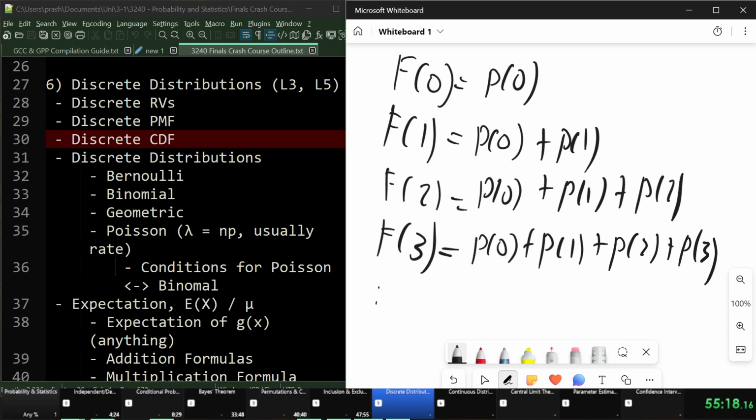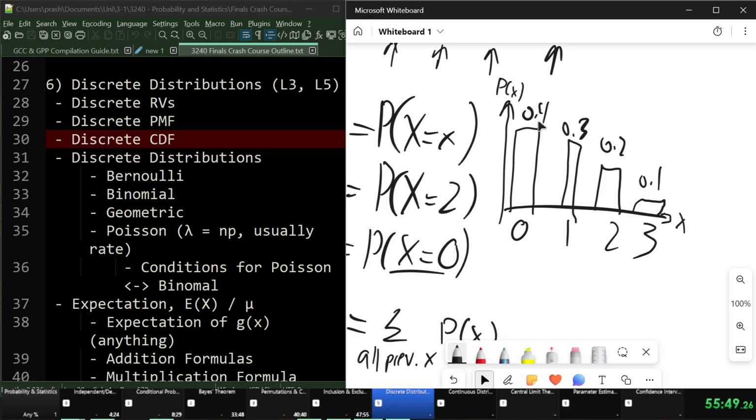You can go to the maximum value, in this case it's 3, and make sure that this will be equal to 1, because there should be nothing else outside this range. Once you've hit the maximum, there's nothing to accumulate. You just plus 0, plus 0, plus 0, which is still 1. Sorry. So that's what a CDF is. It's cumulative. It adds up all the previous probabilities it has encountered so far.